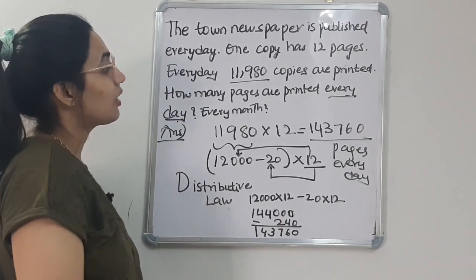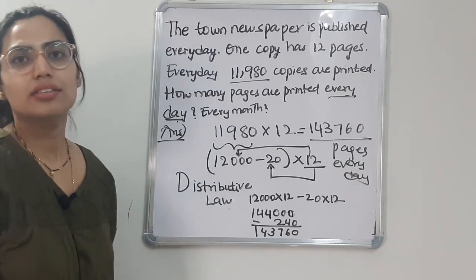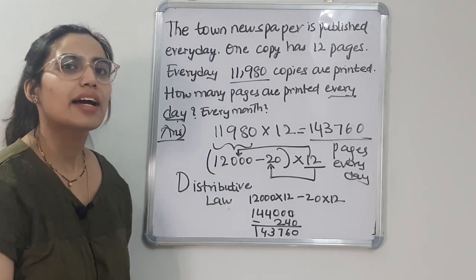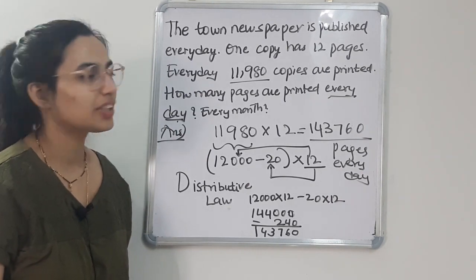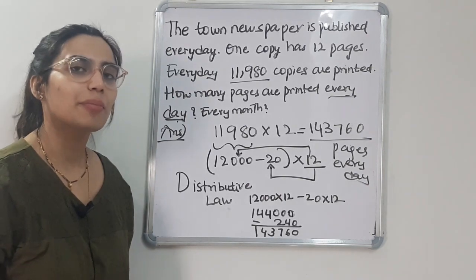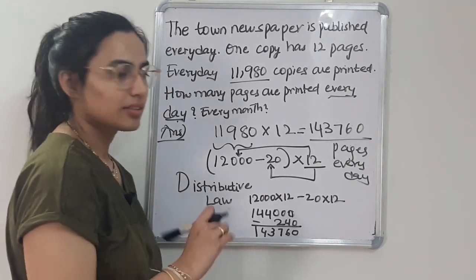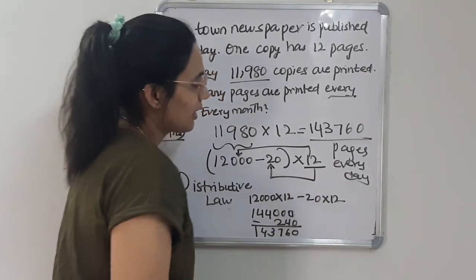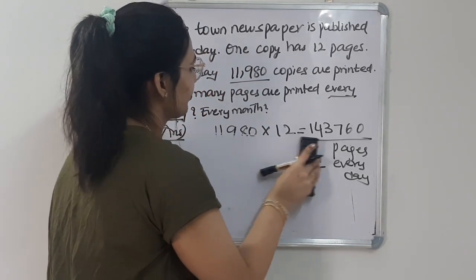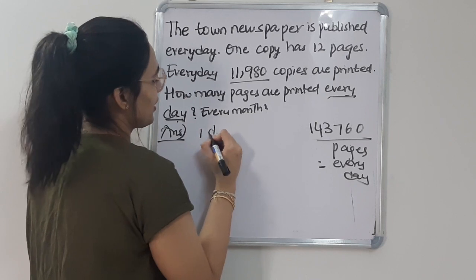Right. Now, he is asking how many are printed every month. We know that in a year, a month varies between 28 and 30 and 31. But generally, we tend to take 1 month as 30 days, right? So let's multiply by 30 days. So 1 day has 143,760 pages printed.